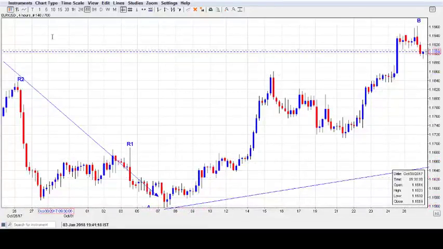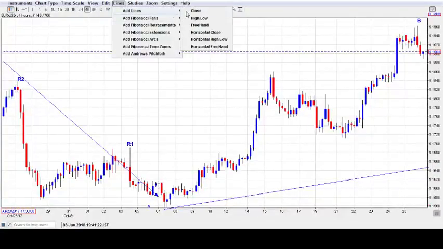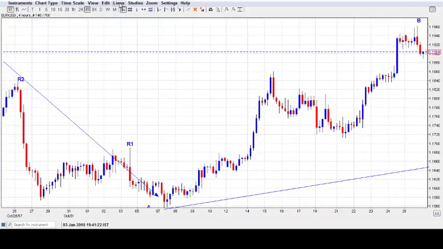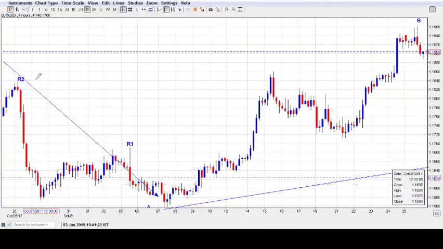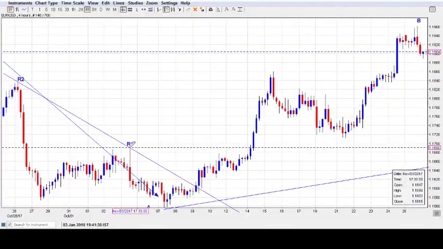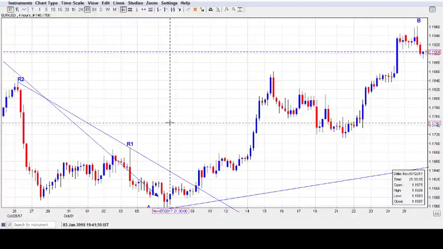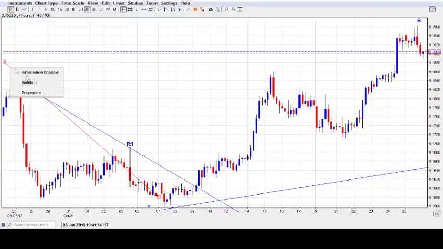From here, you might also have drawn a small trend line connecting the two resistances, like that. Alright, let's remove the other line.